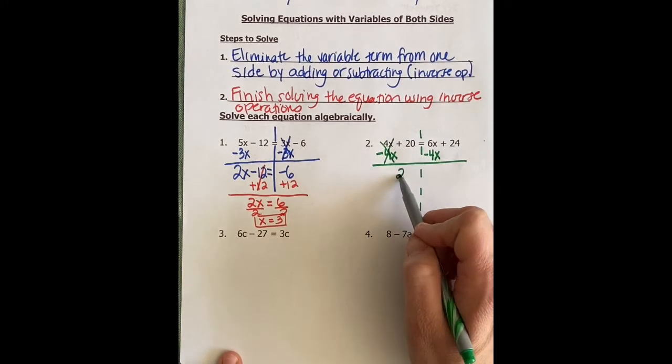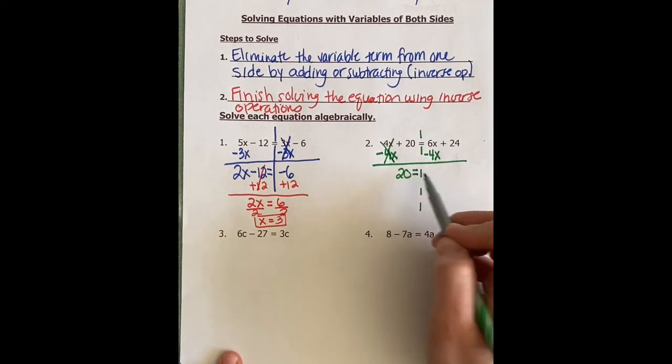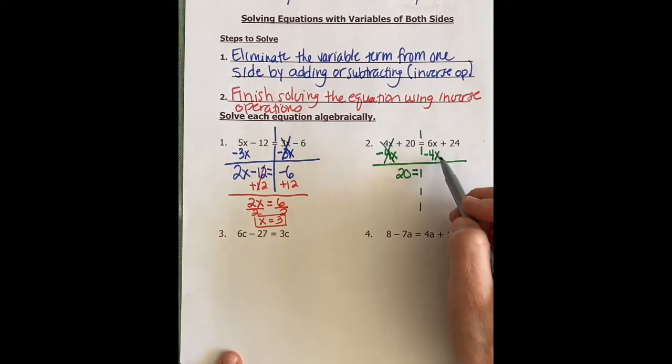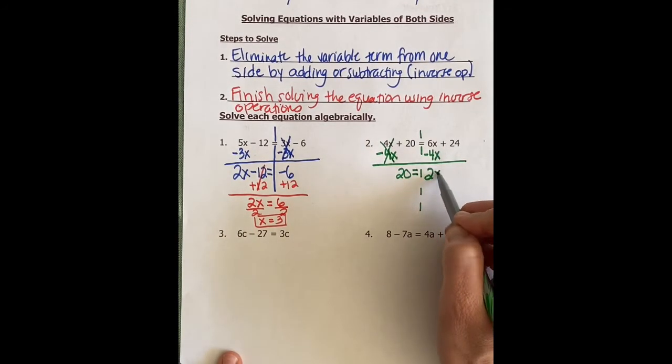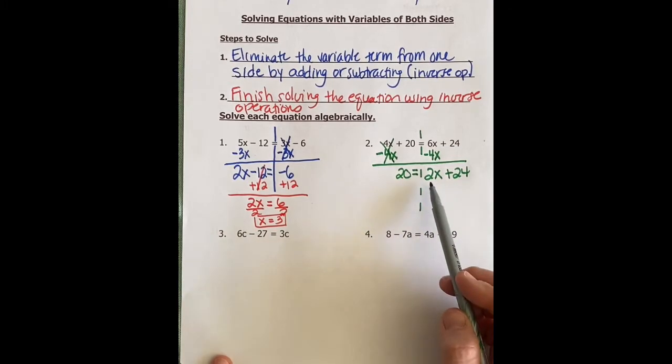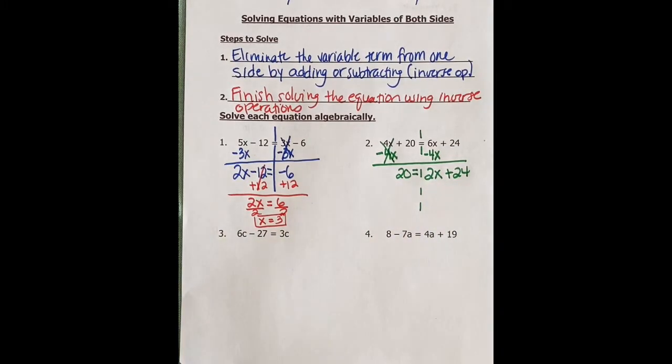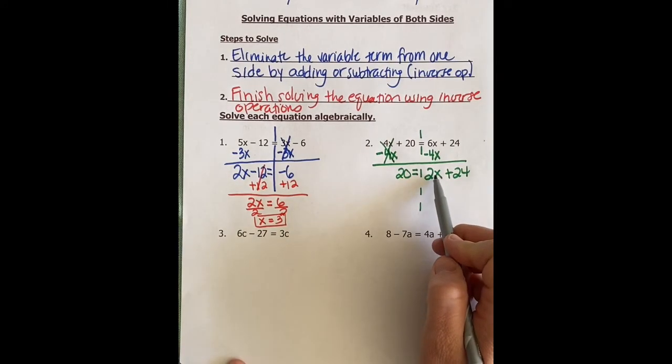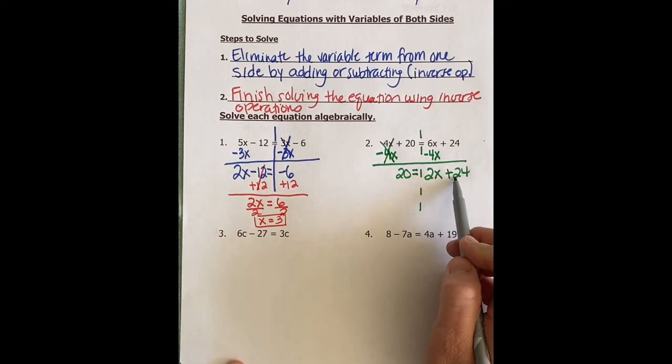I bring down my positive 20 equals 6x minus 4x is 2x. Bring down my plus 24. So now I have an equation that I already know how to solve. This is your two-step equation. I have 2 steps left in order to get the value of x. So I want to get the 2x by itself, but 24 is being added to it.